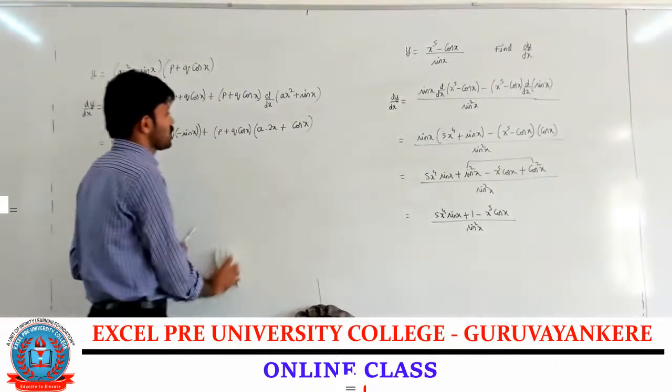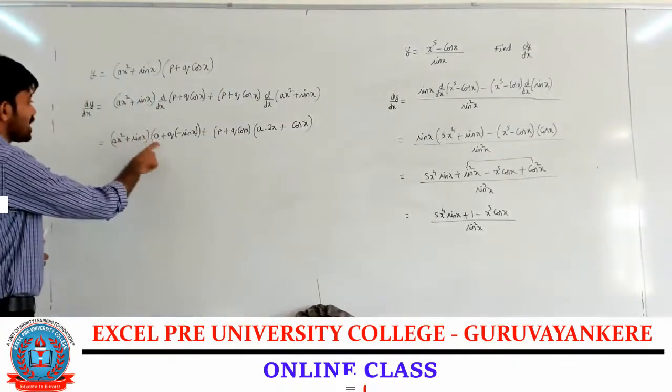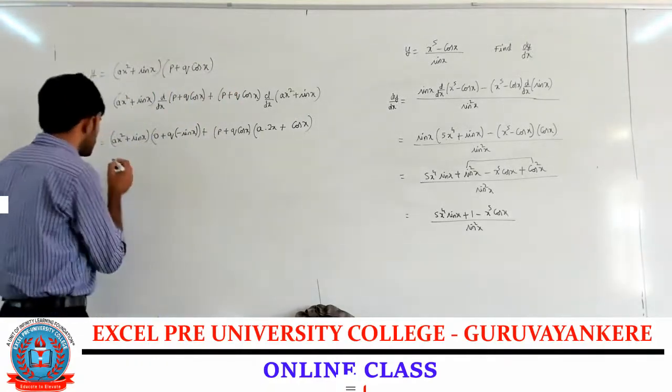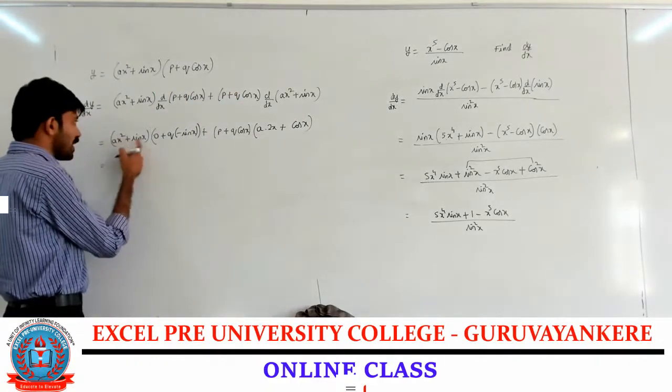Finally multiply and keep all these terms. a square is 0 anyway.